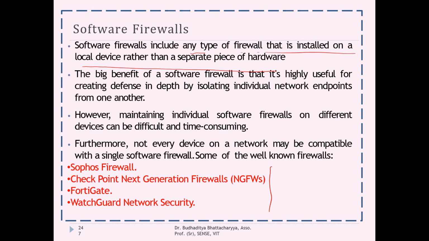The big benefit of a software firewall is that it is highly useful for creating defense in depth by isolating individual network endpoints from one another. Even in our systems, we have some kind of antivirus also, which works along with the firewall to create the same kind of filtering with respect to intruding data, piracy and all.